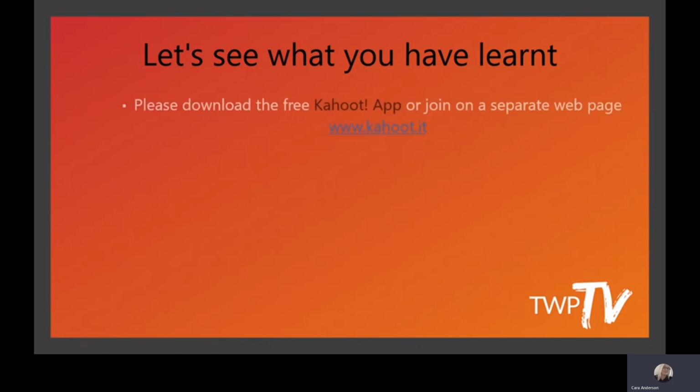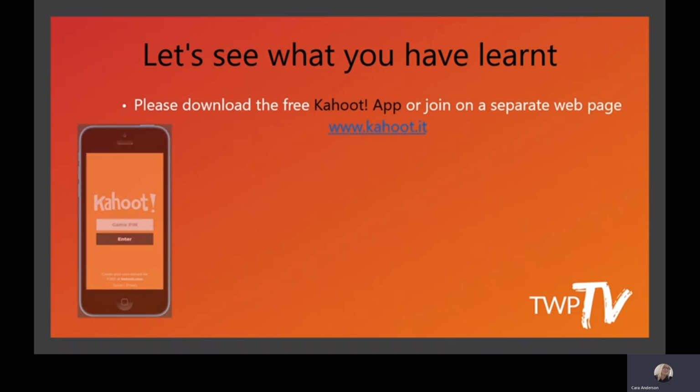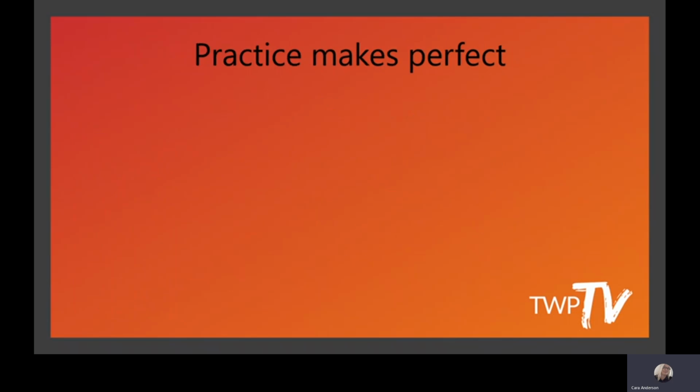There is a Kahoot quiz that you can do, and I can send you the link, so just email me if you wish. There's just 5 questions on there to see what you've learned from the presentation that's been delivered today. But as I've just said, practice always makes perfect. So there is a worksheet that also comes with this presentation.